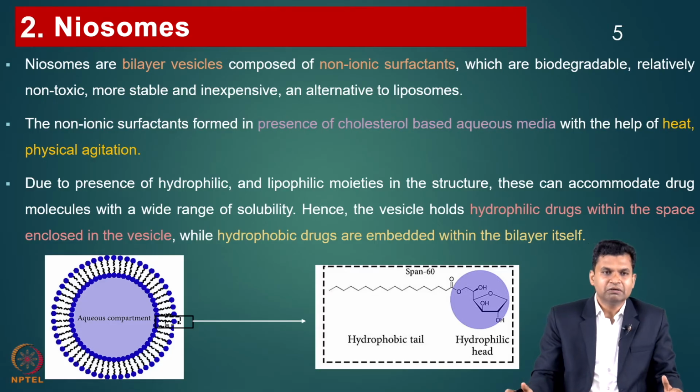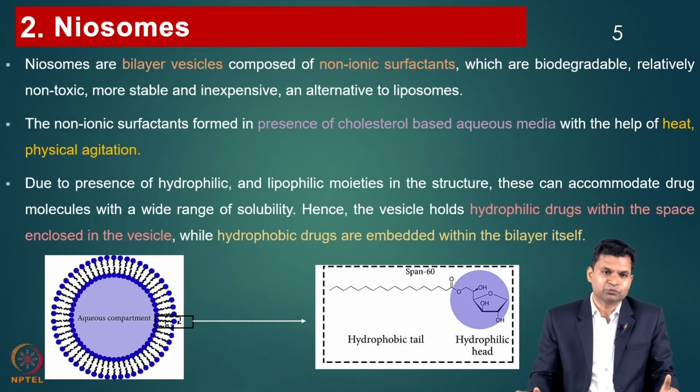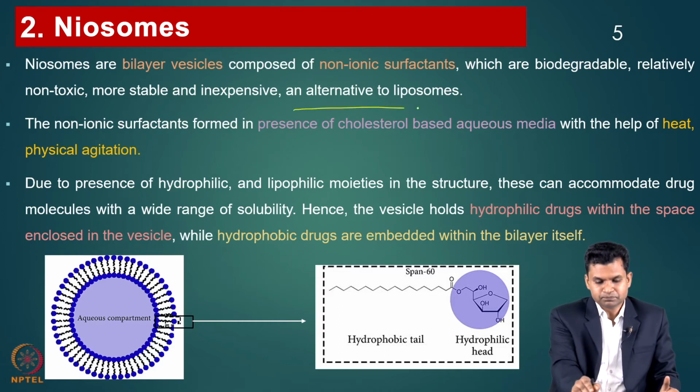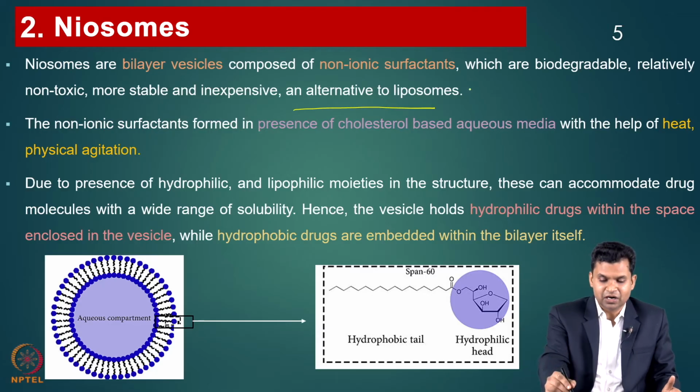So, niosomes are the alternatives to the liposomes. What are they? Niosomes are bilayer vesicles composed of non-ionic surfactants which are biodegradable, relatively non-toxic, more stable and inexpensive, which are alternatives to the liposomes.